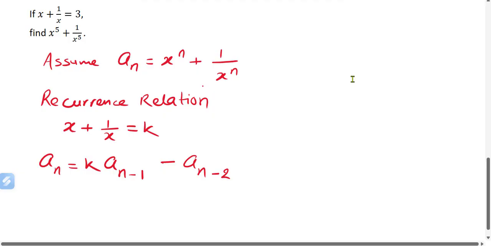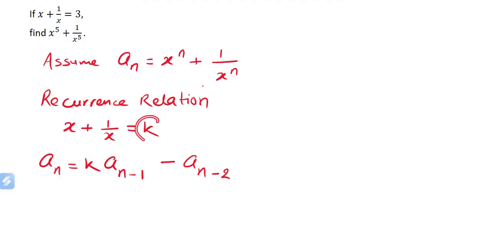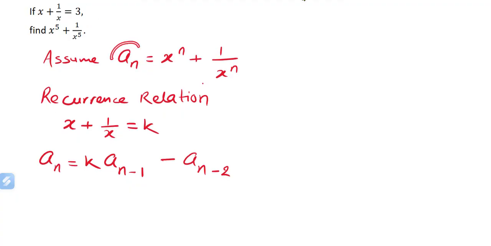So this is the relation that is defined under the recurrence relation. Here the value of k is given, which is 3. Whatever the constant is here, that is equal to this constant value. So in this relation, the value for k is 3.